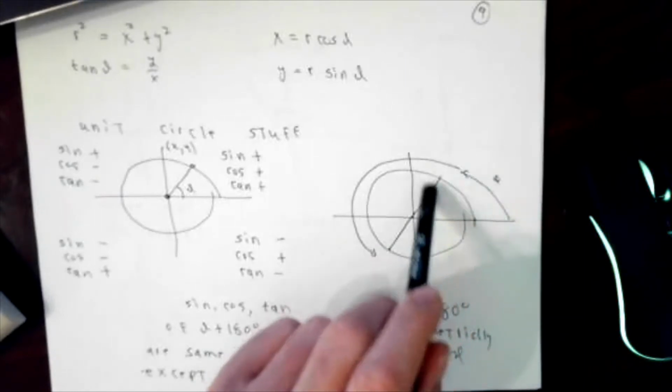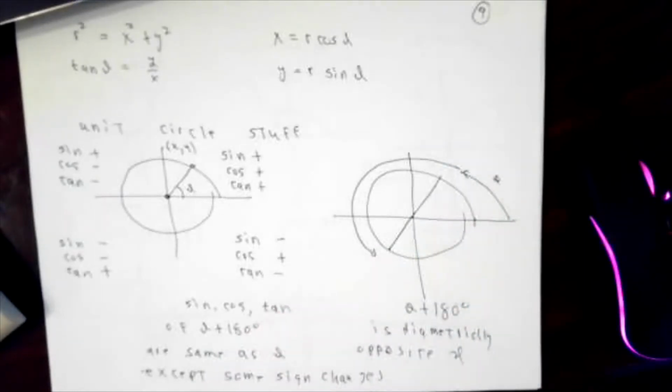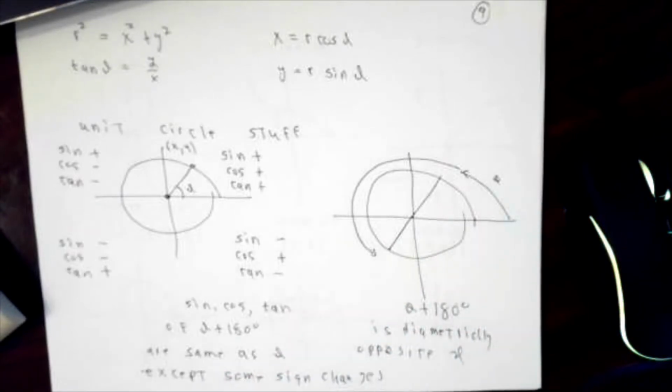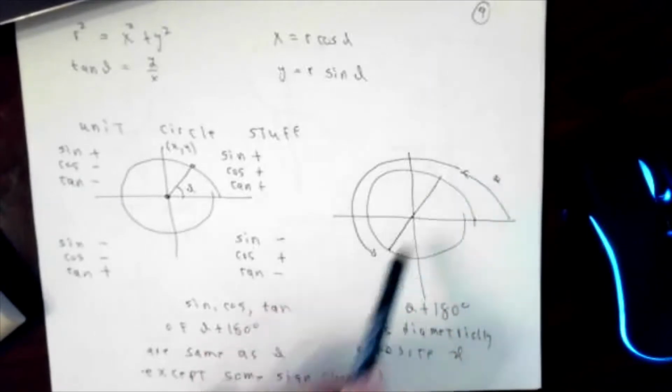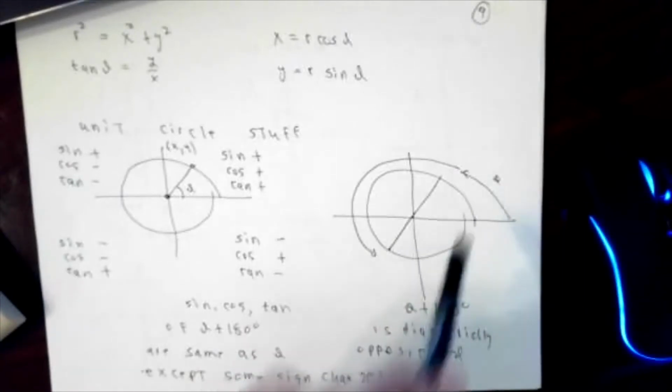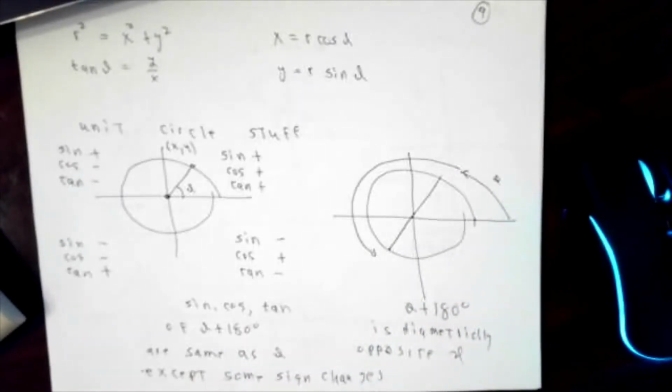Take the coordinates of this point, flip the sign on both of them, and you'll have the point on the circle down here. So theta plus 180 degrees, or theta minus 180 degrees for that matter, is literally going to form a diameter of the circle with the original angle you had. They are literally diametrically opposite to each other.